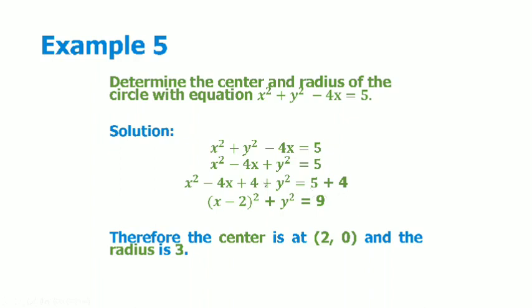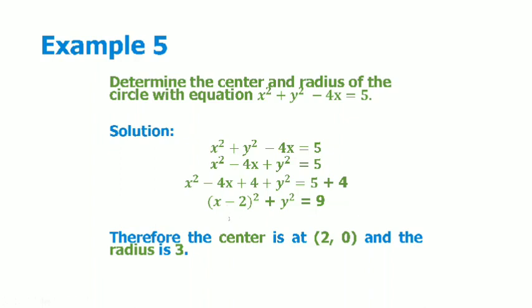So what you add on the left, you add on the right. And then we will express the perfect square trinomial as a square of a binomial. So we have now (x minus 2) squared. And then bring down plus y squared. And then simplify 5 plus 4, it is equal to 9.